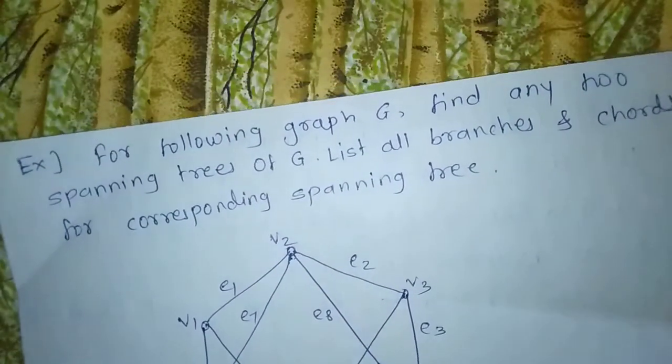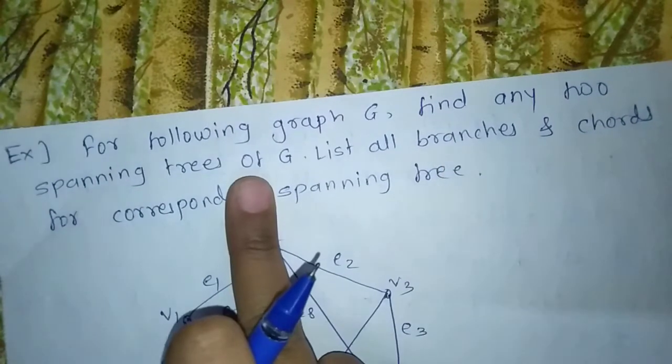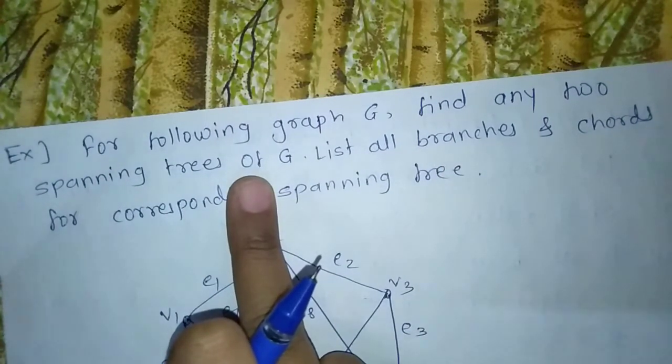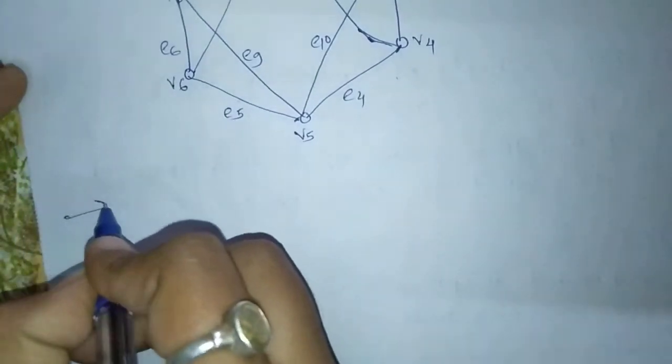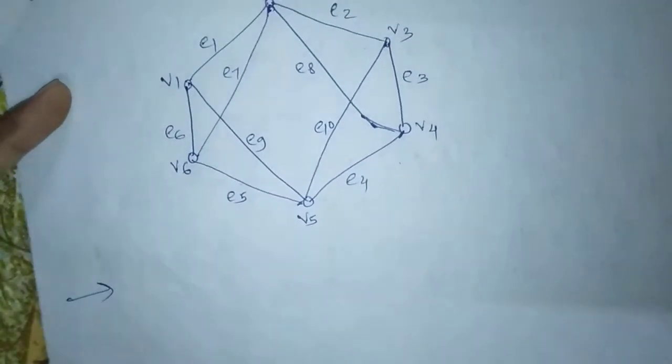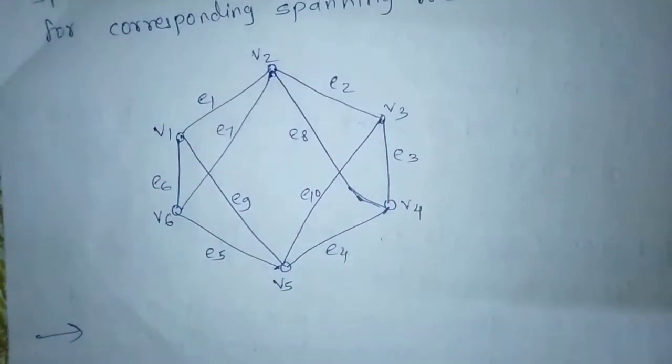Next, for the following graph G, find any two spanning trees of G and list all branches and chords for the corresponding spanning tree. First we draw one spanning tree. Here you can see that this is connected, and it does not contain a circuit.